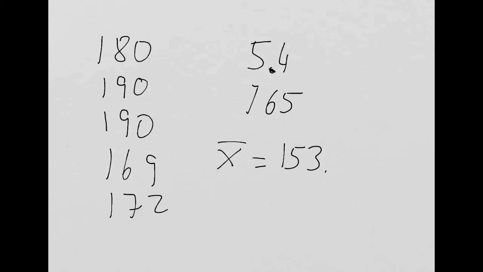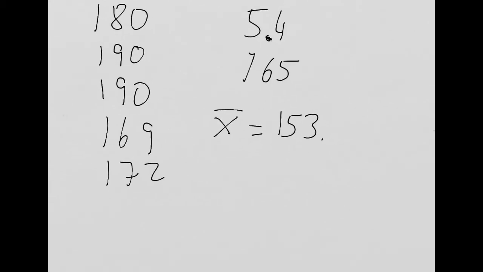That's the mathematical average of that. Now I can look at these data and say this 153 is smaller than all but one of the data. You have an uneasy feeling about this mean.